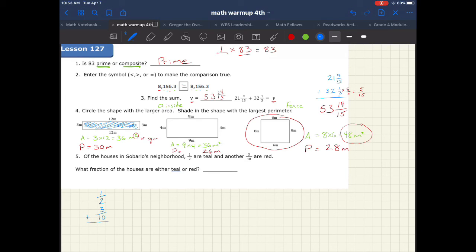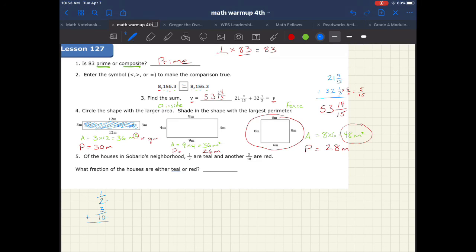Number 5. Of the houses in Sobario's neighborhood, a half are teal and another 3/10 are red. What fraction of the houses are either teal or red? So we are putting together a half and 3/10, and I wrote that down on the bottom. Again, we have the issue where we can't add halves and tenths, but we could if we just made equivalent fractions with same denominators.